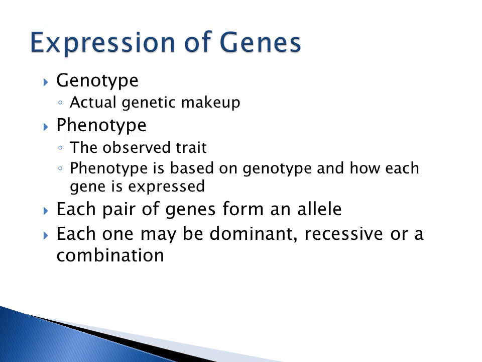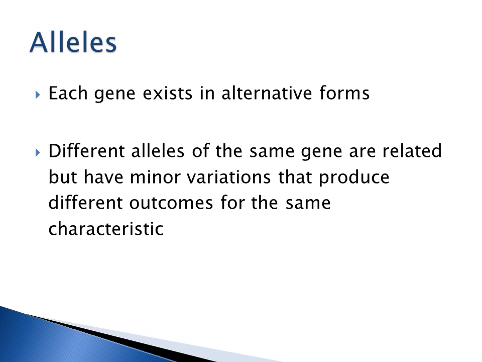Each pair of genes forms an allele, and each one might be dominant, recessive, or a combination. Each gene exists in alternate forms. So different alleles of the same gene are related, but they may have minor variations that can produce different outcomes for the same characteristic.